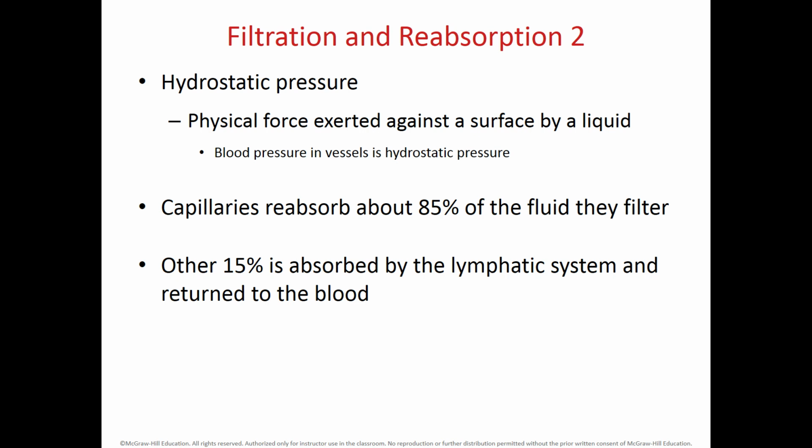And the capillaries reabsorb like 85% of the fluid that they filter. And they keep 15% of that fluid within the extracellular space, the area where they have just filtered the fluid. The 15% that is left in the extracellular fluid will be absorbed by the lymphatic system and returned into the blood.